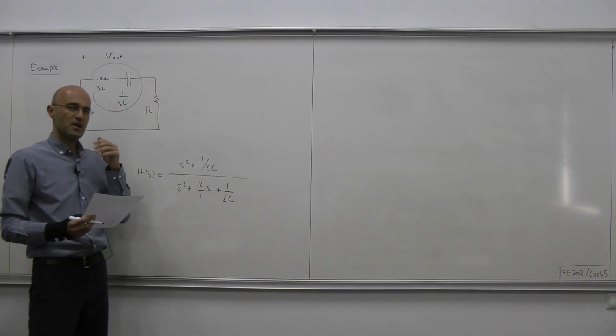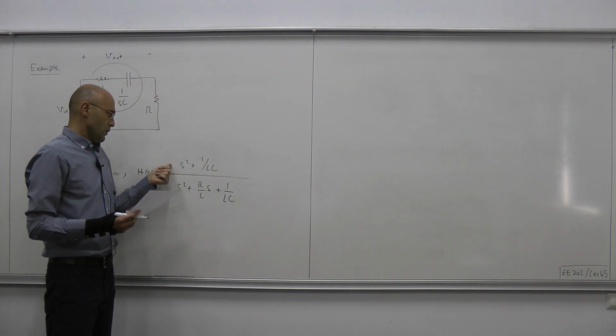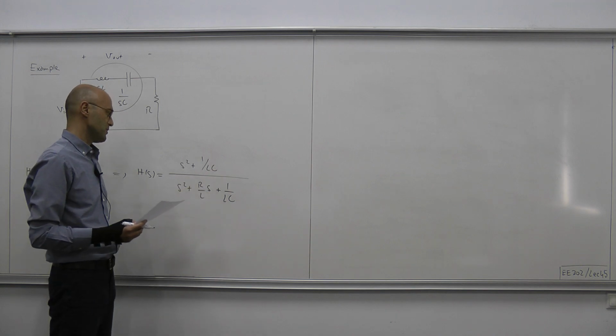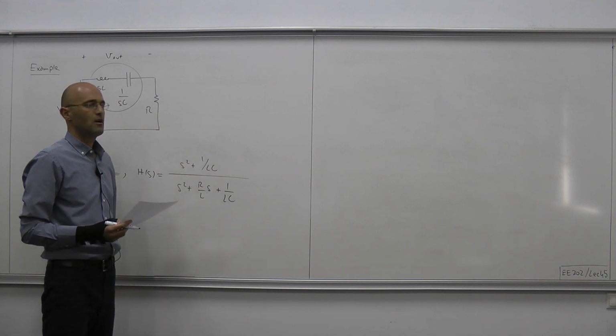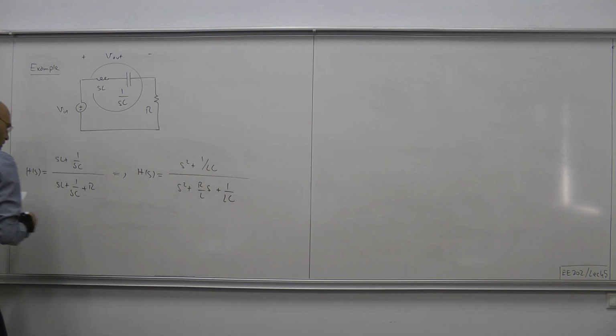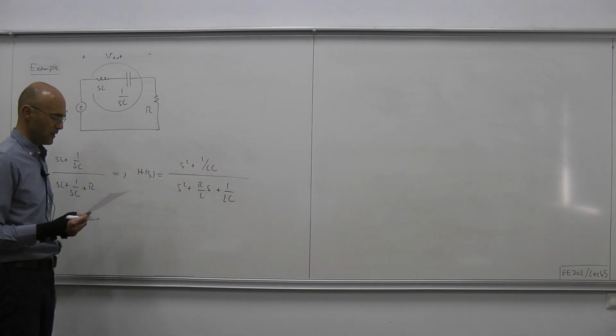In the previous example, which turned out to be a bandpass filter, we had in the numerator R over L times S. This time what we have in the numerator is S squared plus 1 over LC. Now let's try to figure out the gain characteristics for that transfer function.